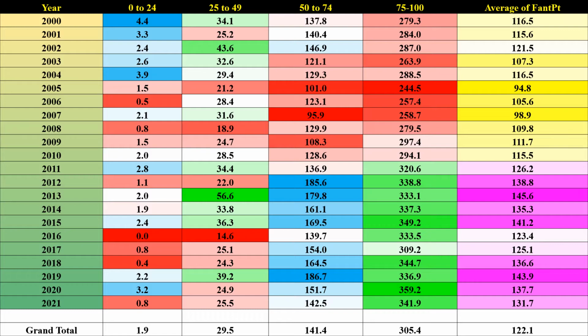So part of my metrics is to understand what a year was and how it related to what's gone on previously. Is there something that I need to be worried about, or was last year kind of a continuation of patterns? So let's look at the overall average of fantasy points.